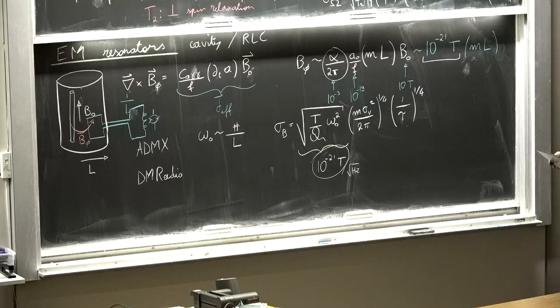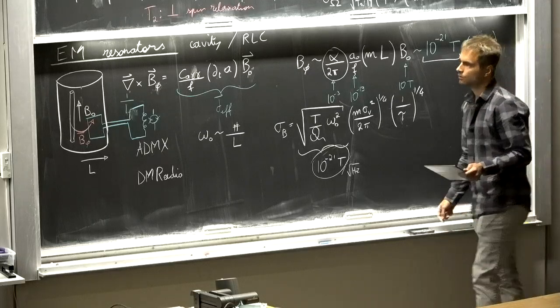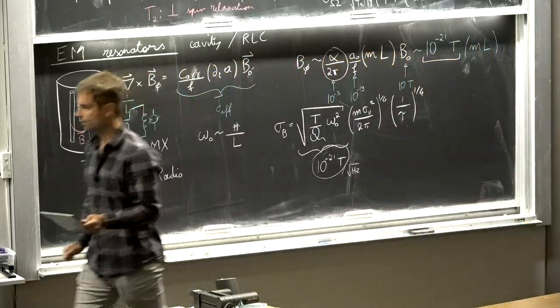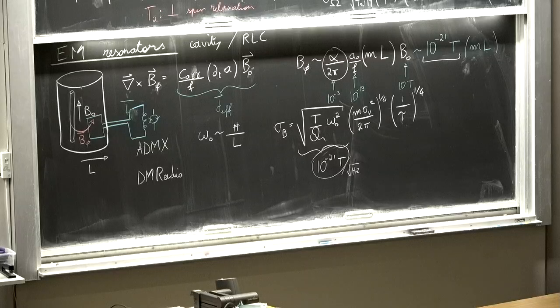So in the last 5 minutes, I just wanted to tell you quickly about electric dipole moment experiments. They're, I think, at the precision frontier at least, the most sensitive probes of very high energy physics indirectly.